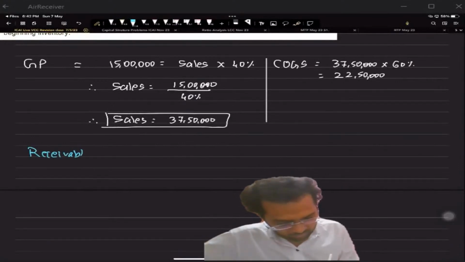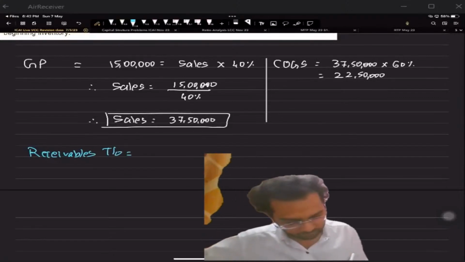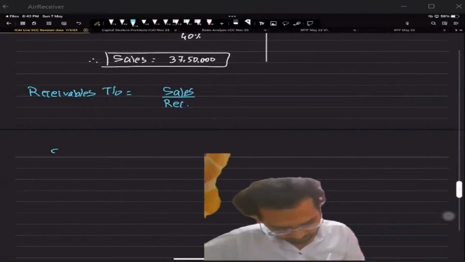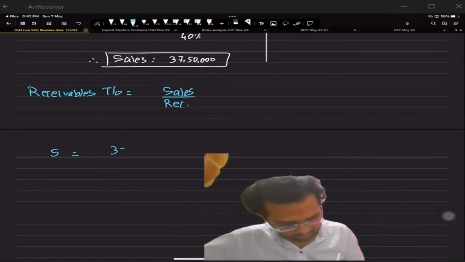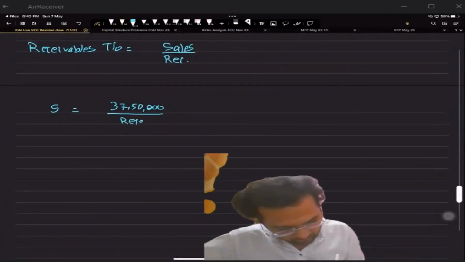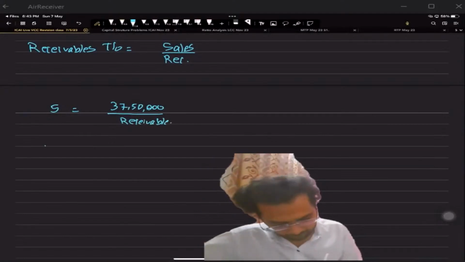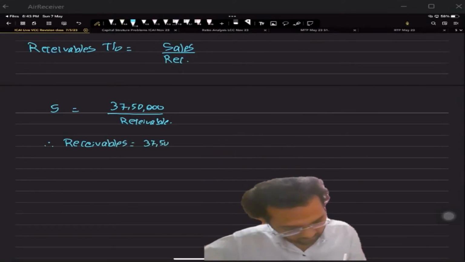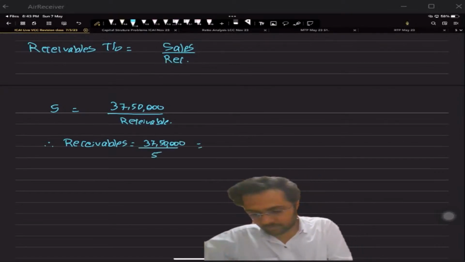We know receivables turnover is sales divided by the receivables value. So receivables turnover is 5. So sales is 37 lakh 50,000 divided by receivables. We don't know, rather we'll get the value of the receivables from here. Therefore, receivables will be 37 lakh 50,000 divided by 5.